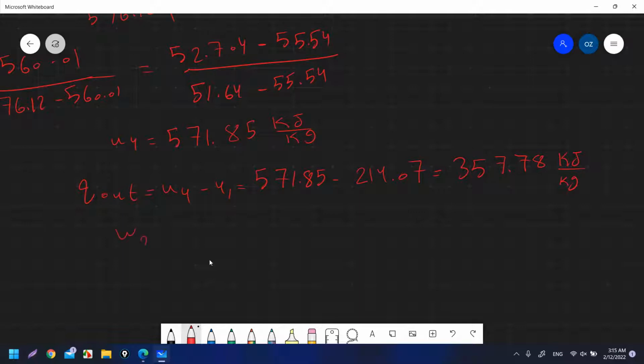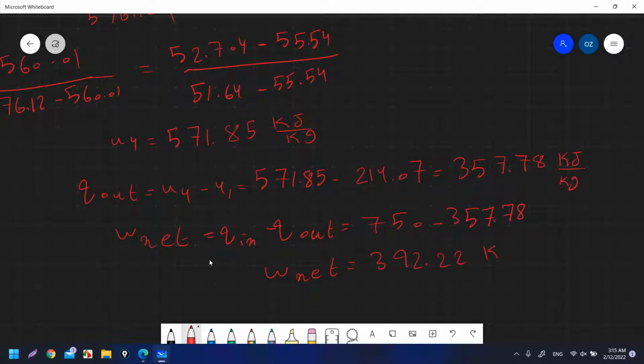W net is equal to Q in minus Q out, equal to 750 minus 357.78, so W net is equal to 392.22 kilojoule per kilogram. That's for part B.